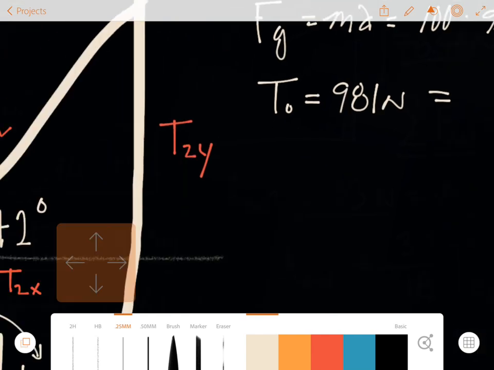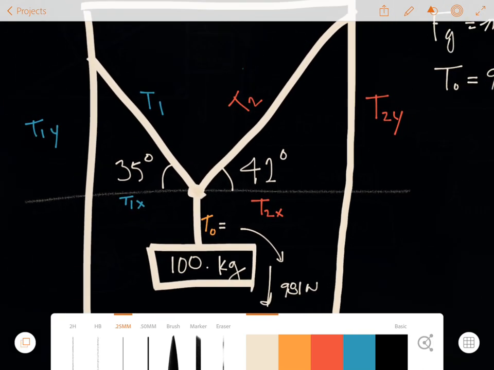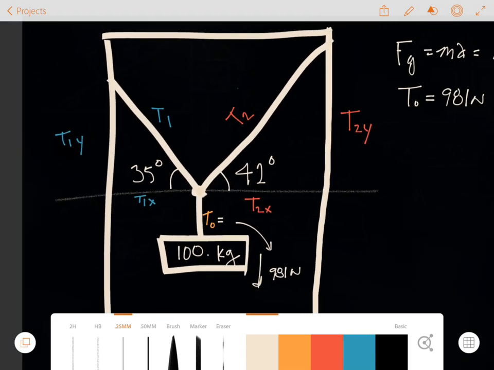We also know that the tension which is keeping that object in place is being split and shared, maybe equally, maybe not equally, by these two vertical components of the tension of those two cables up above, right? So this 981 is shared by T2y and T1y.